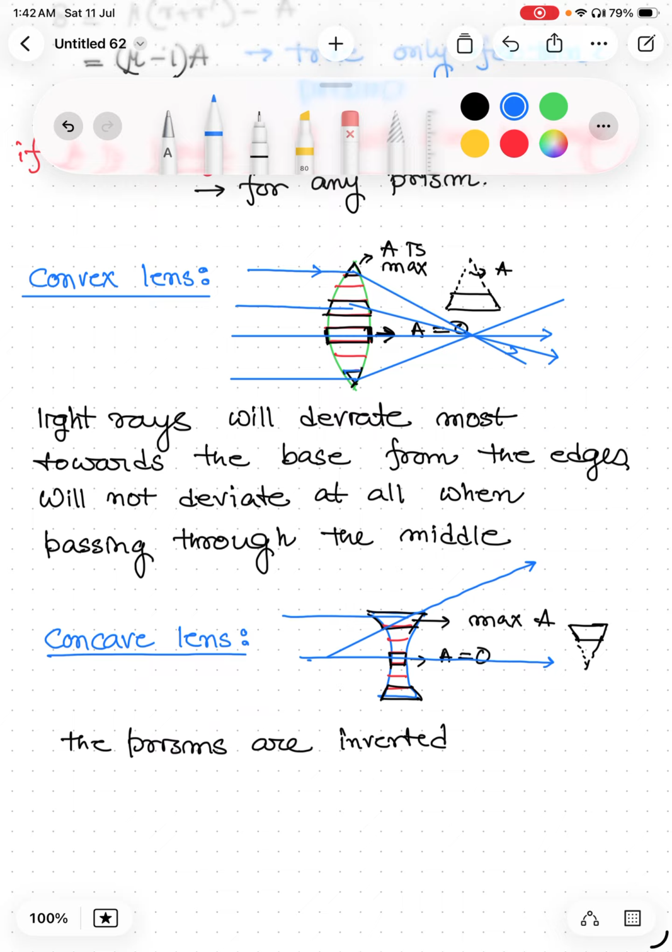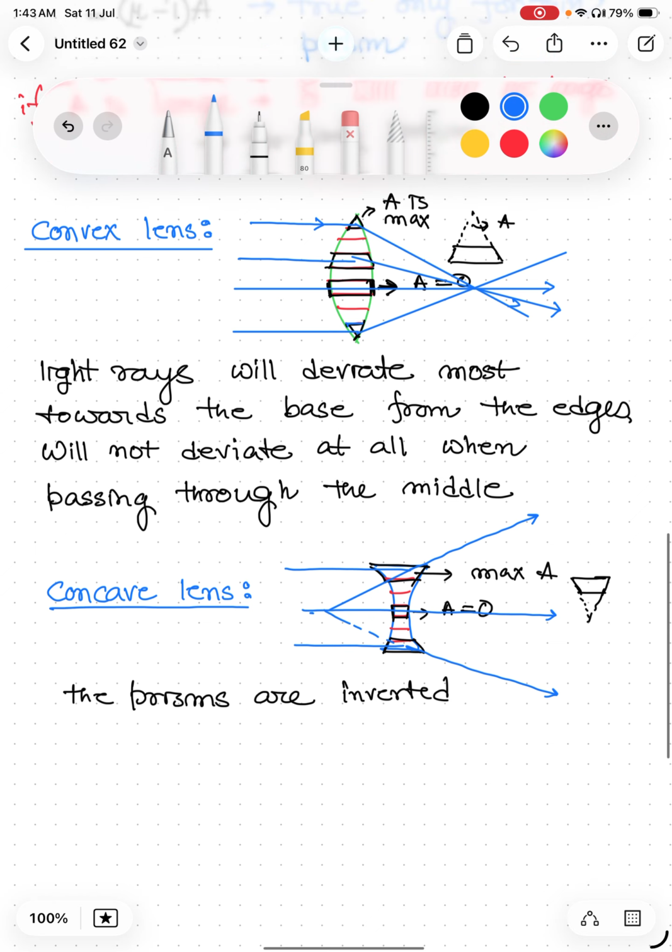And if it comes from this edge, it will again have the maximum deviation towards the base. They are going to appear to diverge from a point. So this is how lenses converge or diverge.